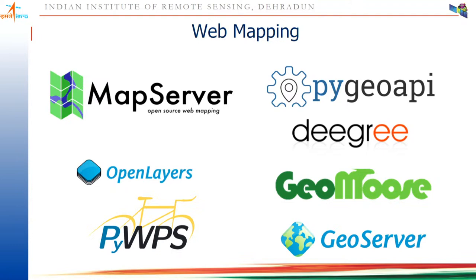Your web browser cannot read Python, C or any other programming language, but it can understand JavaScript. JavaScript is not a full-fledged programming language. That's why it is called a scripting language, because it has some limitations. Using JavaScript you can do a lot of if and buts and logic. Using that logic you can also create a visualization of a map, but again it will take a lot of development work. So to avoid that, the OpenLayers JavaScript library is there.